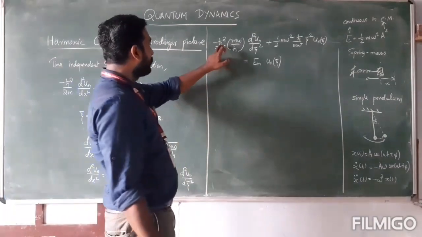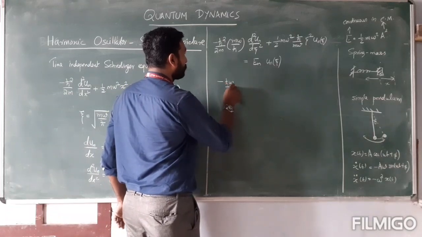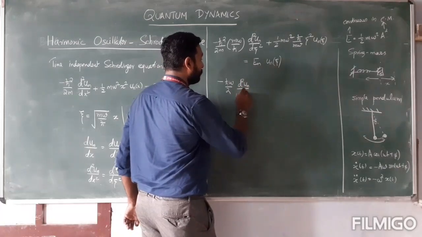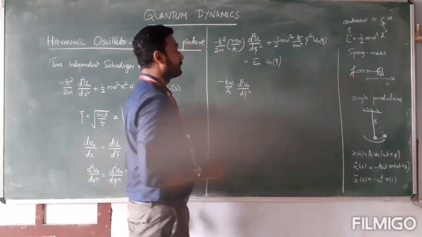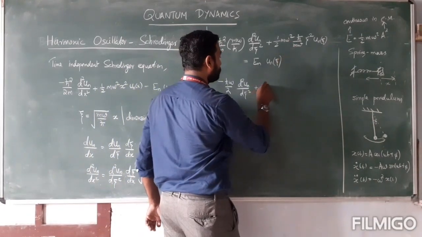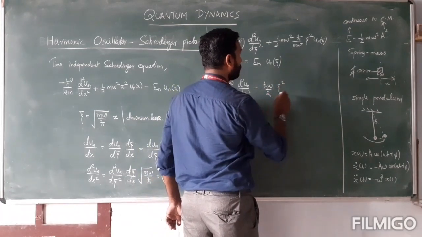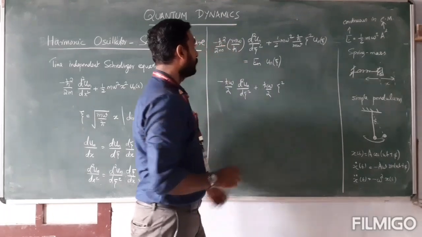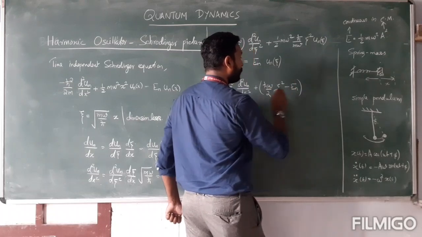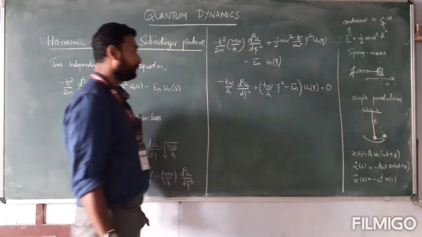So here one h cross would cancel, one m would cancel, and I will get minus h cross omega by 2 d square un by d theta square. Again h cross and m would cancel, so plus h cross omega by 2 theta square. I can take this en to the left side, so it will become minus en un of theta equals 0.